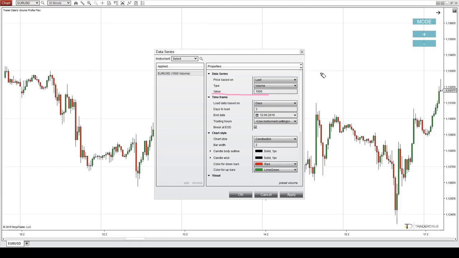Then after another 1000 lots get traded, another candle would form. Currently I'm using Kinetick data and it's showing quite big values for the volumes. If you are using FXCM, it's quite okay to use, for example, 5 or 10,000 here. But because Kinetick is giving me such crazy numbers, I'm not really sure why, I need to use a very high number, which in this case will be 50 million. And let's load 200 days.